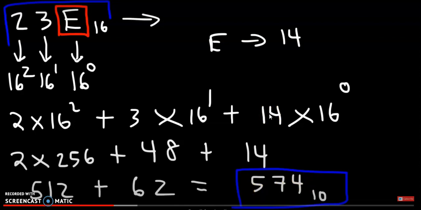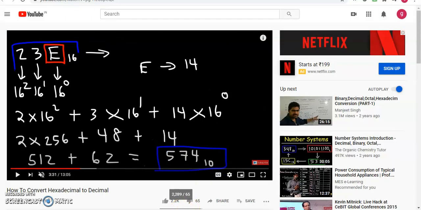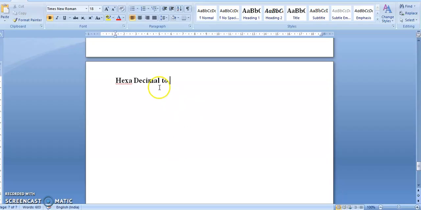And next we are converting hexadecimal to binary. How to convert hexadecimal, already we have explained: each hexadecimal digit consists of a 4-digit binary code.